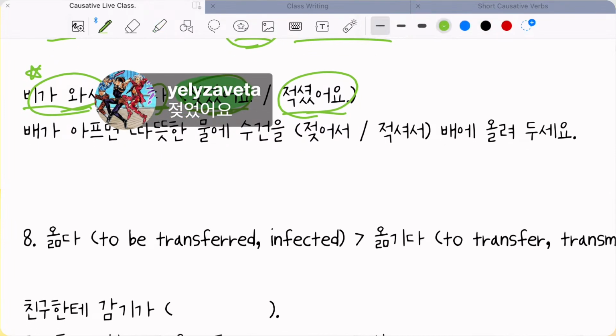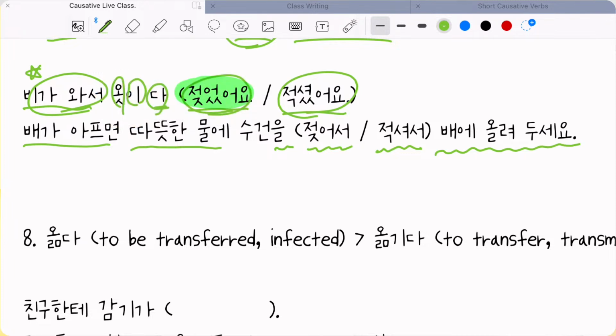배가 아프면 따뜻한 물에 수건을 젖어서 or 적셔서 배에 올려두세요. Actually, this is a good tip that you can use when you do have a stomach ache. So 배가 아프면 if your stomach hurts, 따뜻한 물에 in warm water, you wet the towel.